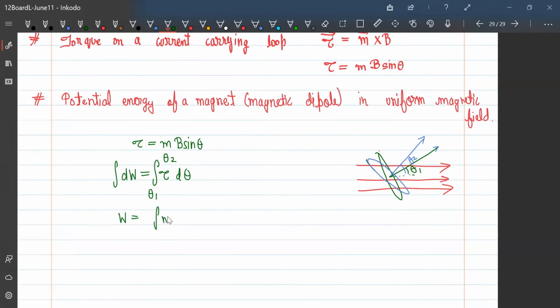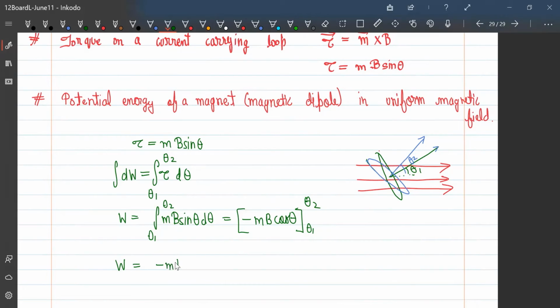Tau is m B sine theta. Integration of sine theta is minus cos theta. So this will be minus m B cos theta, upper limit minus lower limit. That is the work done by the external agent, meaning you have to do this much work to rotate it in this direction.